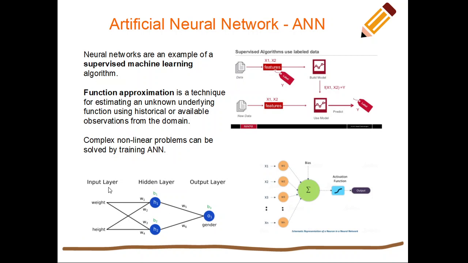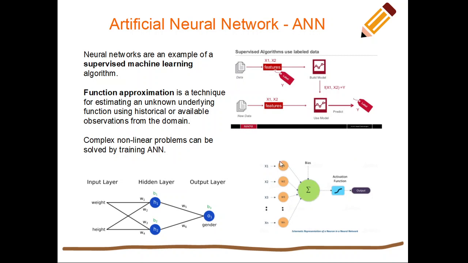So this is how the artificial neural network is going to look. It has multiple layers: an input layer, hidden layers, then an output layer, and each of the building blocks of these layers is the neuron. Each of these neurons looks something like this. This is an exploded view of a neuron.